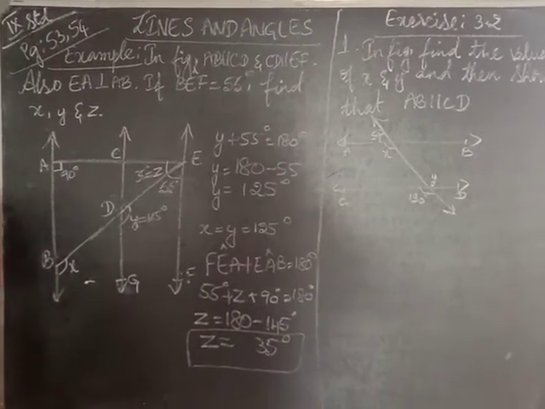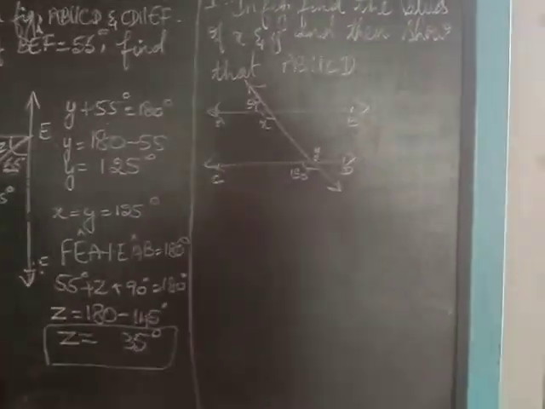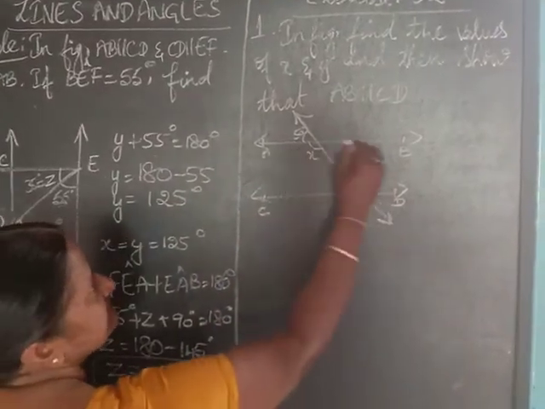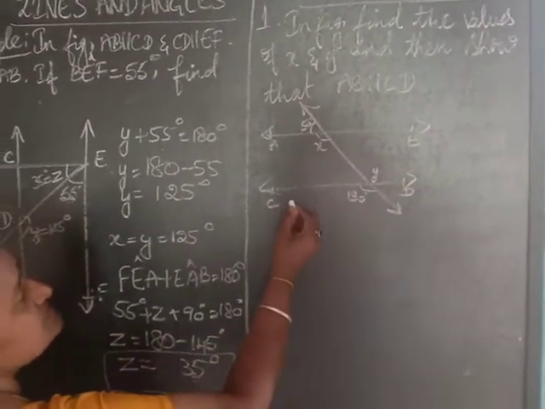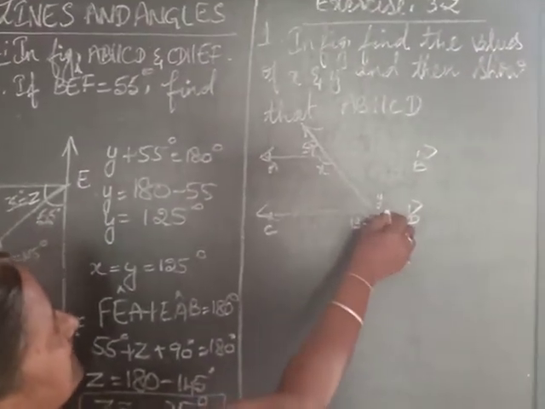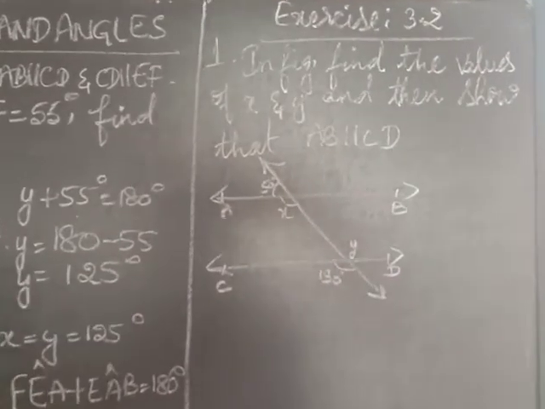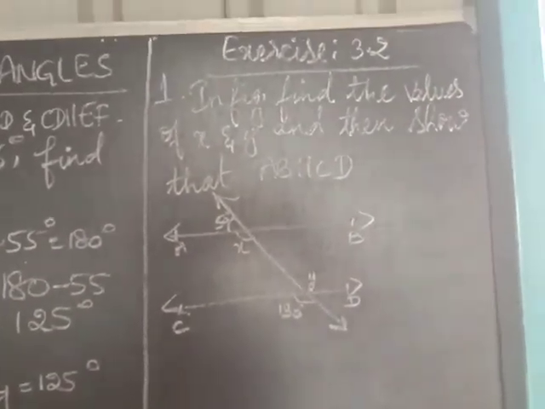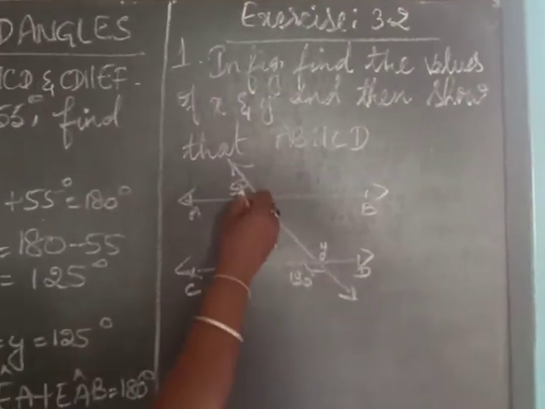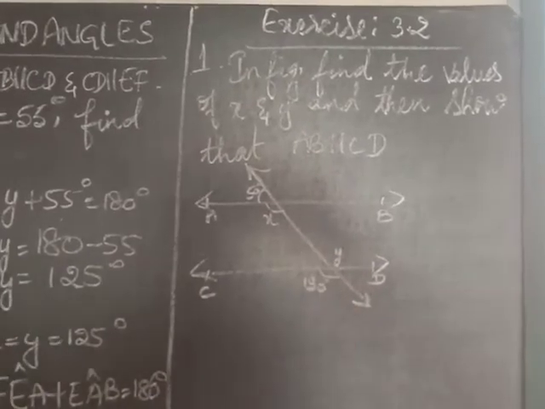Now next, let us move to the exercise. In exercise 3.2, the figure is given here. Find the values of x and y, and then show that AB is parallel to CD. In the figure they have given angles: here 50 degrees, here x, here y, and this is 130 degrees.